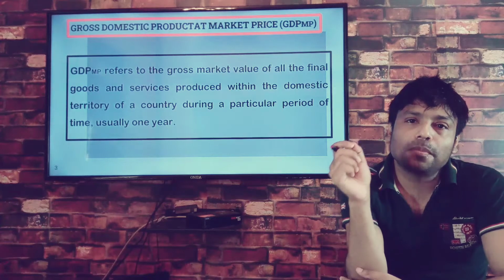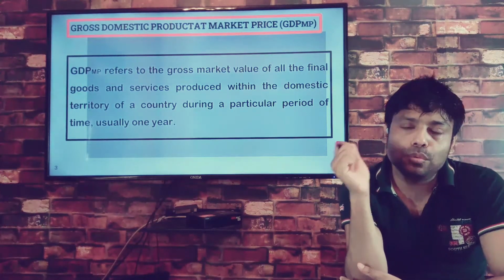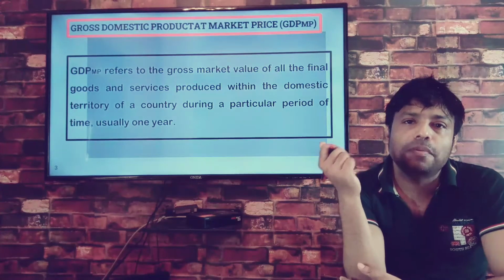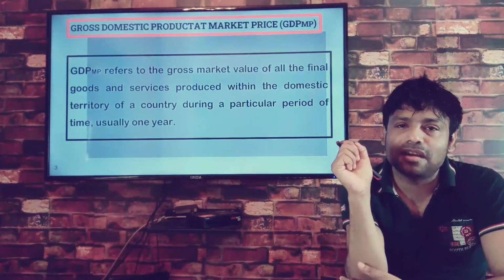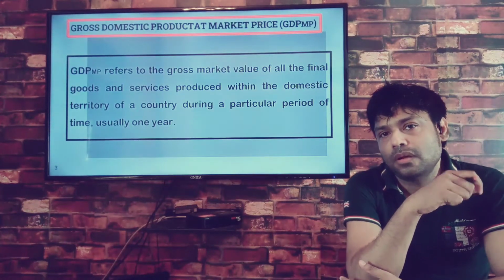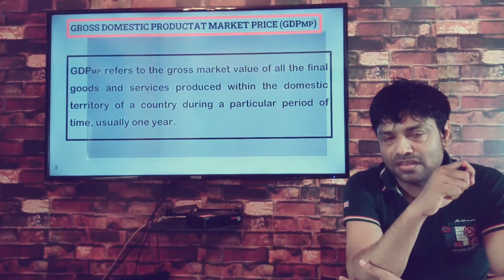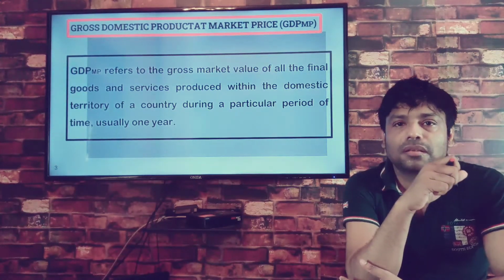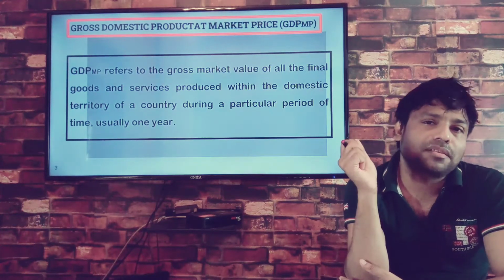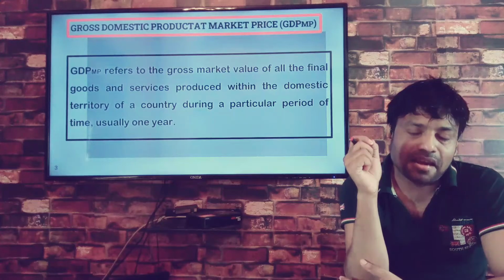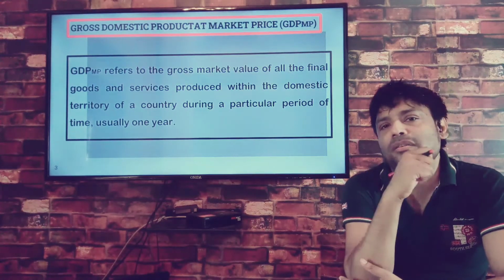Secondly, domestic in this definition means it includes goods and services produced by all units located within the domestic territory of a country. Thirdly, market price in this definition means that it includes the amount of indirect taxes paid and excludes the amount of subsidy received.